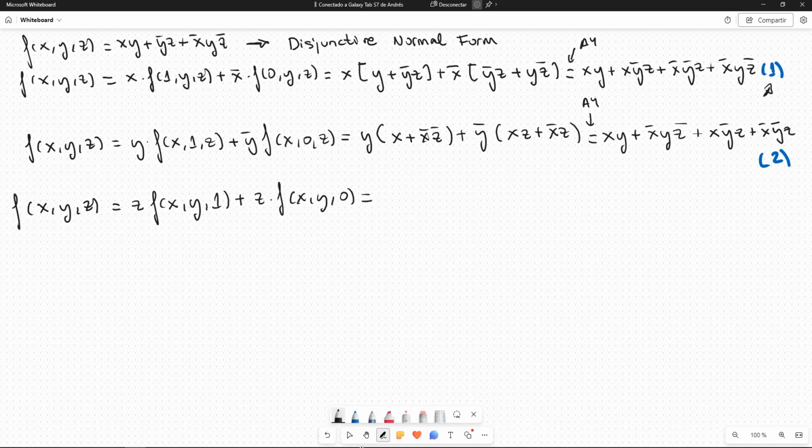And we have the following. Calculating the subfunctions, we have that this is xy plus x negated y1 negated plus x y negated 1 plus x negated y negated 1.